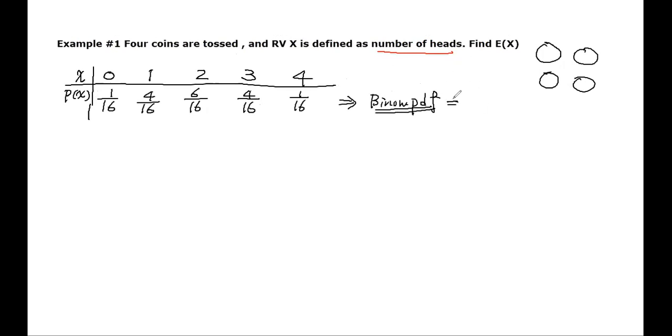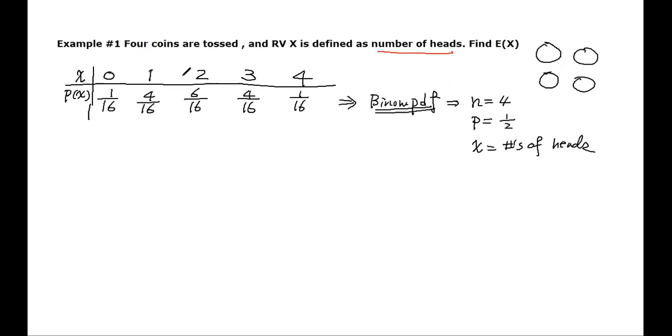I have 4 coins, so n is equal to 4, and the chance to get a head is 1/2, right? And x is the number of successes, the number of heads. So you put it into your calculator with x equal to 0, x equal to 1, x equal to 2, x equal to 3, x equal to 4. That's the probability you get.